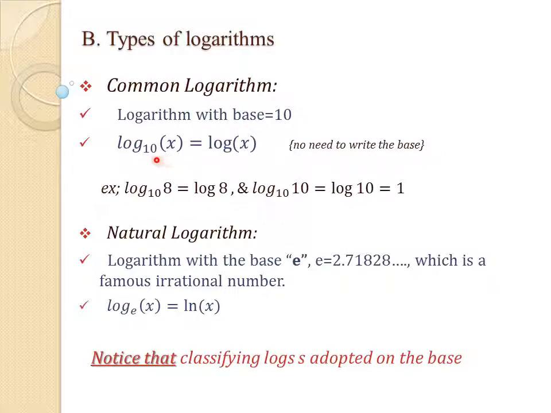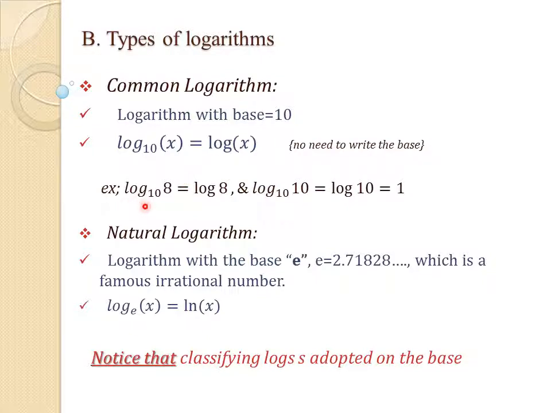It means that when we see a logarithm written just log x, this is a logarithm with a base 10. And that's something we need to understand: without writing a base, the base is 10, and this is the most widely used generally in physics and chemistry, in biology and different sciences.